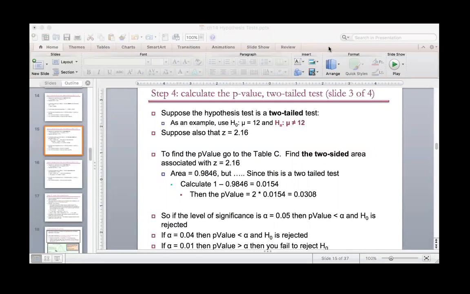Okay, so actually, I've got to backpedal here again. The slides I put together today were for chapter 17.